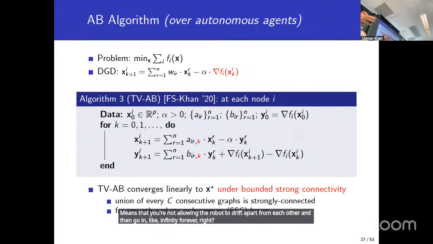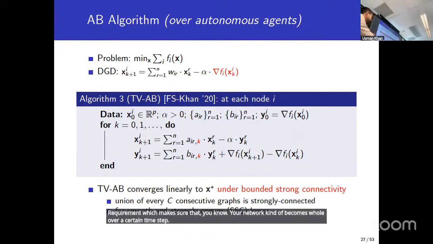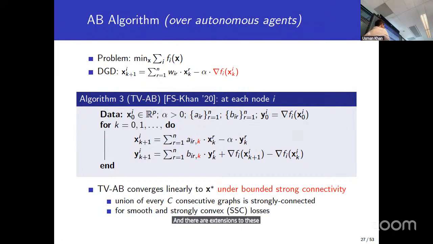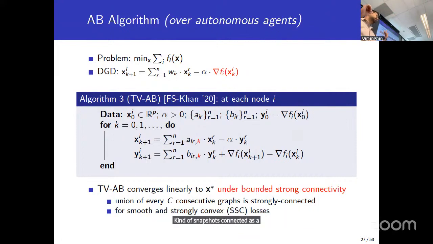They have to kind of come back. So this is an information mixing requirement, which makes sure that your network becomes whole over a certain time step. And there are extensions to these results where you can assume not that the graph is connected at every C snapshots, but connected as a mean graph, and you can do those as well.